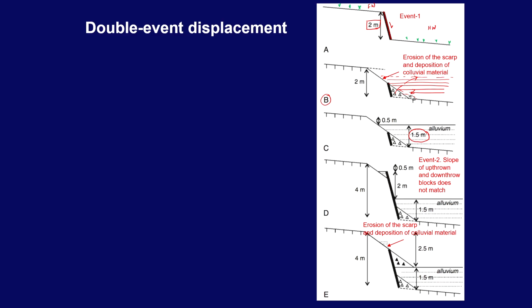Okay. So, as I was saying, you may come across the wash faces, but at the same time you see that there was a deposition over here. So, this alluvium was deposited after event 1, and also we have the preservation of this colluvial material over here.